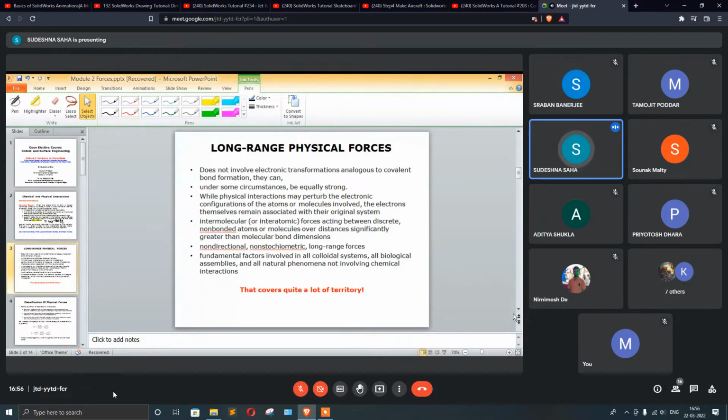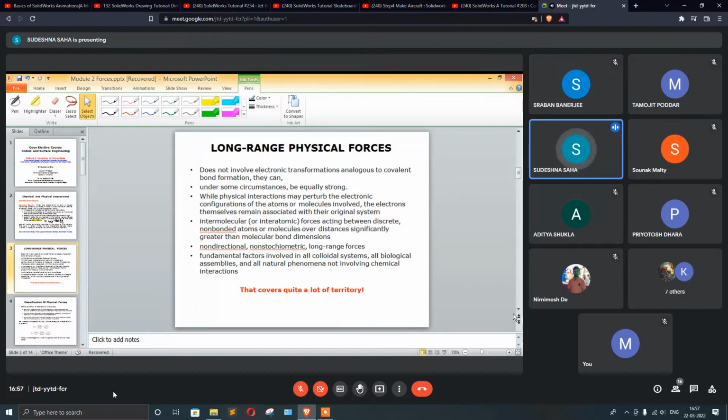They are also involved in all the biological assemblies and all the natural phenomena that don't involve any chemical interactions. That means we are covering quite a lot of territory where no chemical interactions are there.